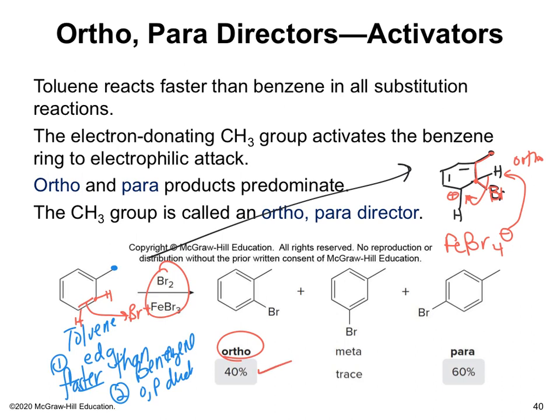Ortho is 40%. If you need to do your para, and you only have to show one, para is 60%. So I'm okay with ortho or para. You can show one or the other. You can show both. But also note that you don't have any meta. Trace is considered 0.